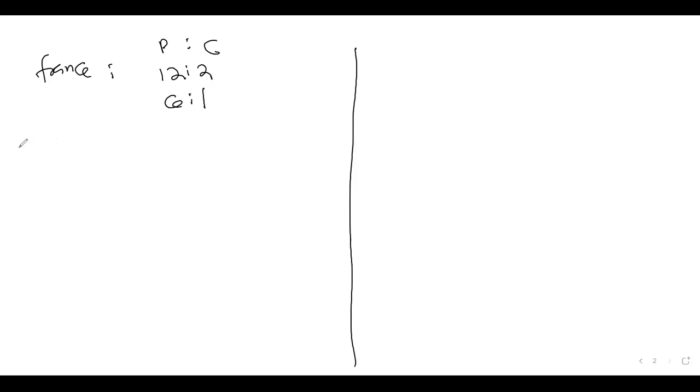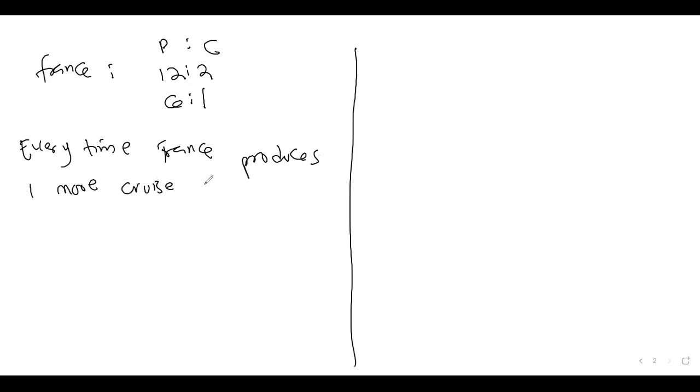What it means is that every time France produces 1 more cruise ship, they sacrifice 6 planes. Because it is 1:6, if you want to know 1 plane is to how many cruise ships, if less, more divide.